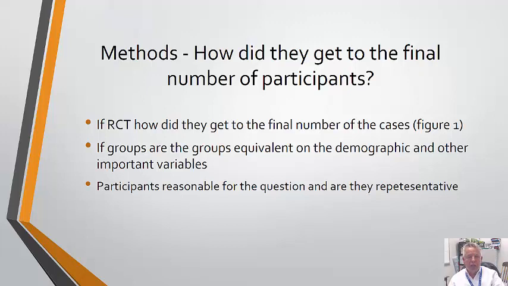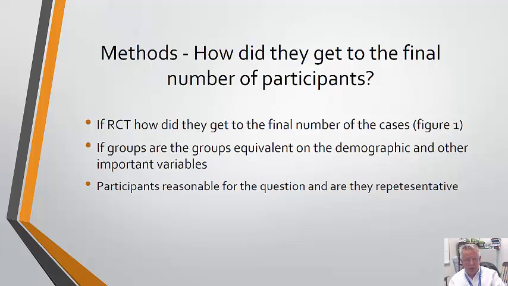They threw out the older ones and the younger ones because there was a certain age range they were looking at. And they threw out anybody with any kind of comorbid or other disorder that could affect it. So they have a nice clean sample, but they may bring that 10,000 down to 2,000 or to 500. But the idea is that you can look at that and see how they got to that final group, and is that final group relevant to what you're looking at?